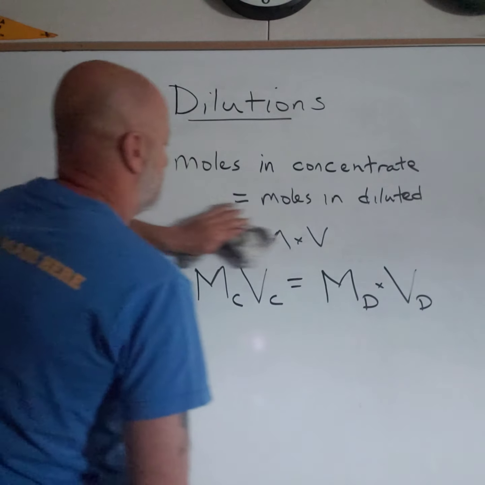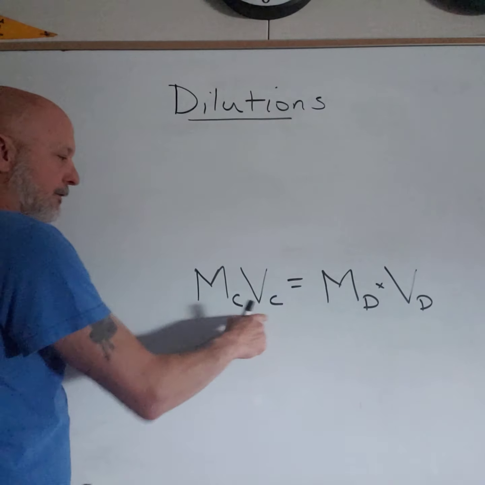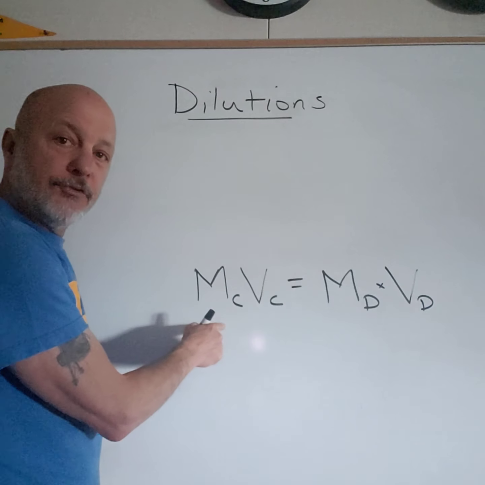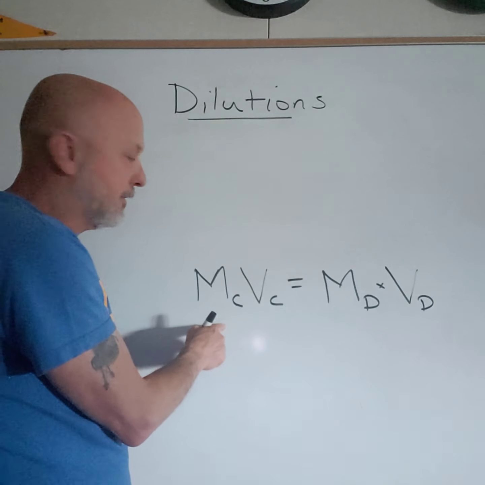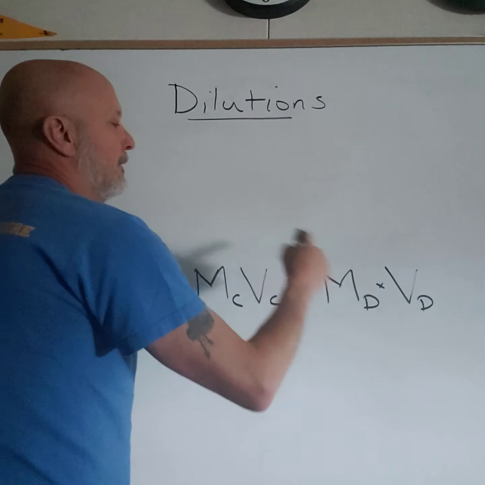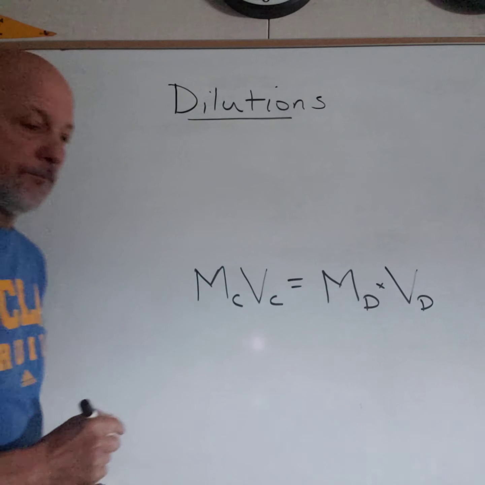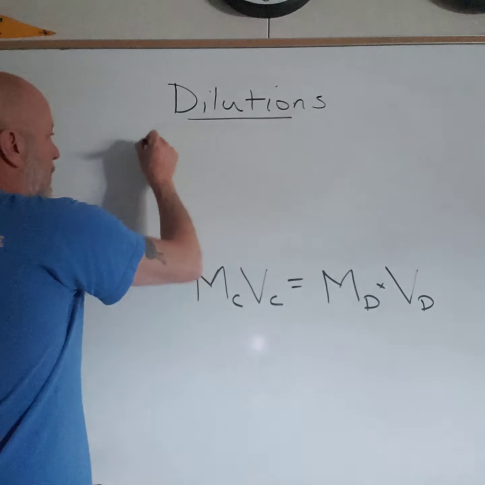It's derived in this way. This is how many moles of solute, whether it's salt or some other compound, are in my original concentrate. That's equal to the same number of moles in my diluted solution. Let me write a typical problem.